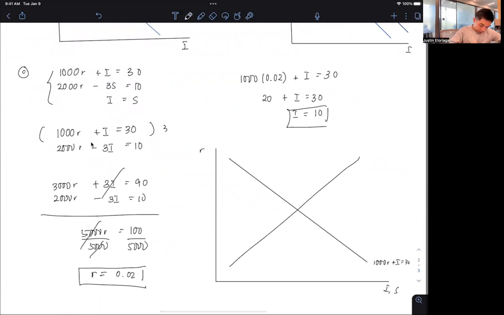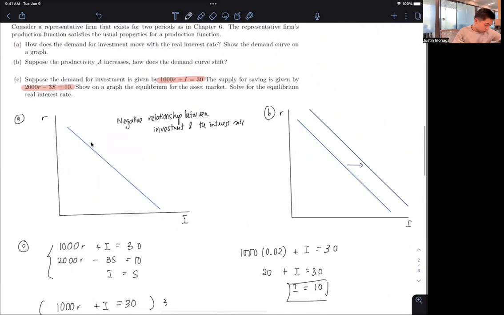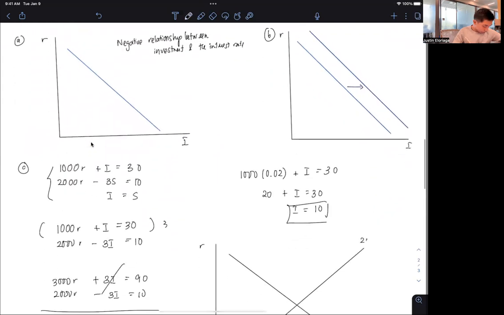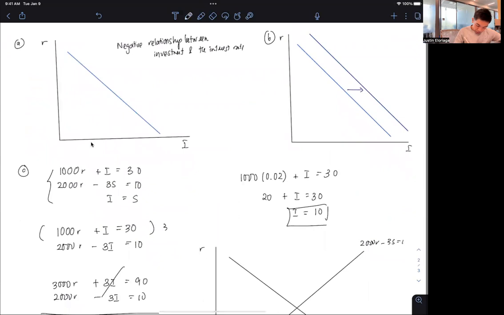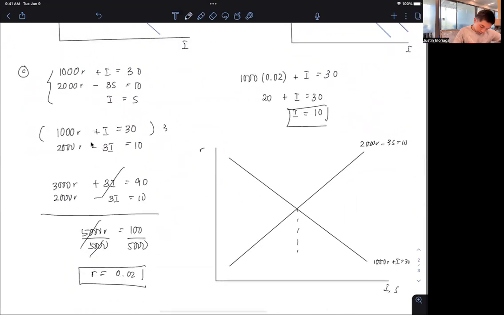And then you have here the supply, which is 2000R minus 3S equals 10. Then the intersection of them would be R equals 0.02, and then you have I equals 10, equals S.